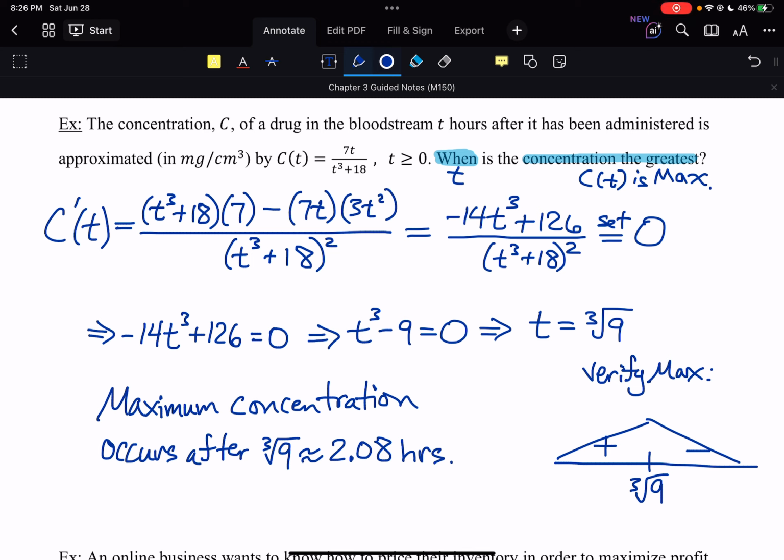So the maximum concentration in the bloodstream occurs after a little more than 2 hours, according to this formula.